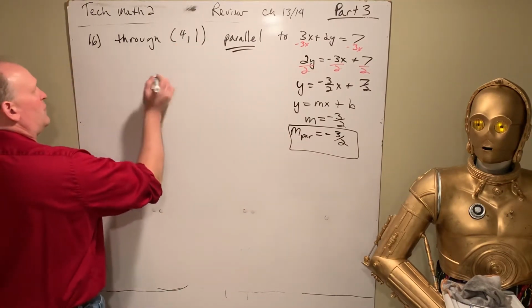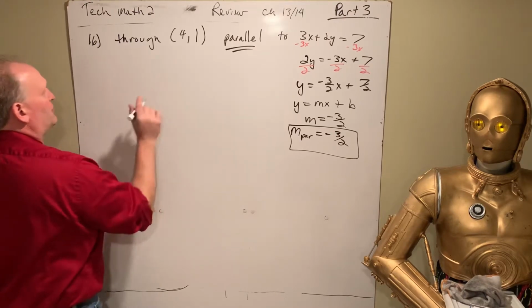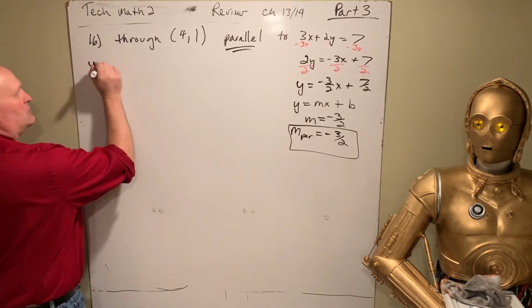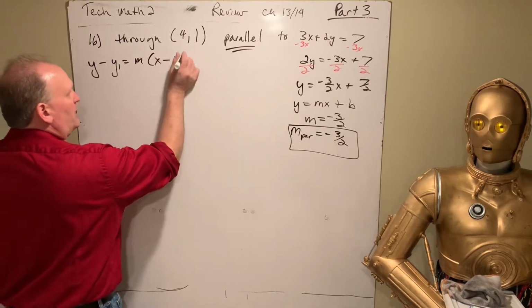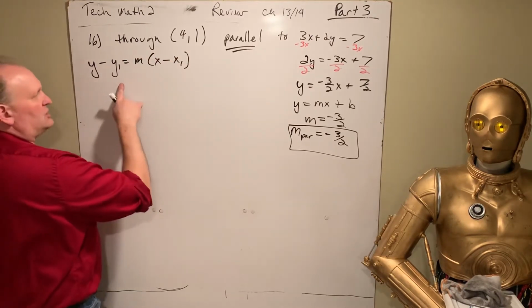So there are two ways to do this. I only demonstrated one way in the notes. I'll do both ways right now. You could use y minus y1 equals slope times x minus x1. That's called point-slope form.